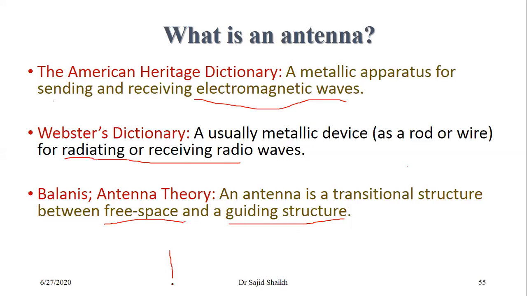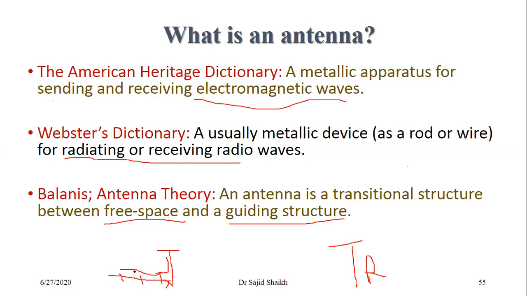Suppose this is our transmitter antenna, and this is our receiving antenna. Before the antenna, suppose there is a microphone and some amplifiers. These microphone, amplifiers, and antenna, whatever devices are there, are connected with the help of wires.